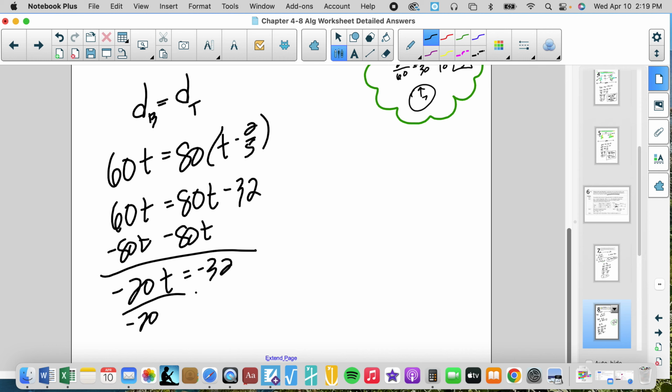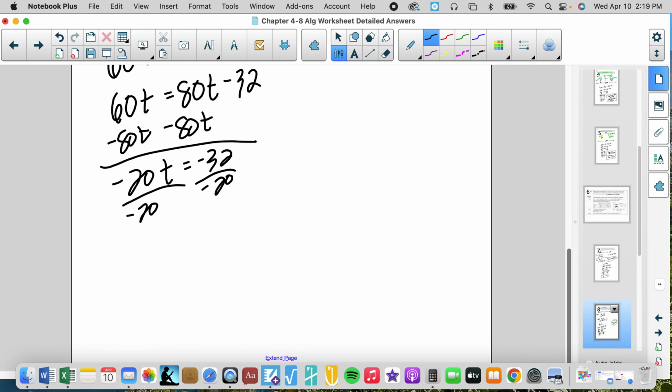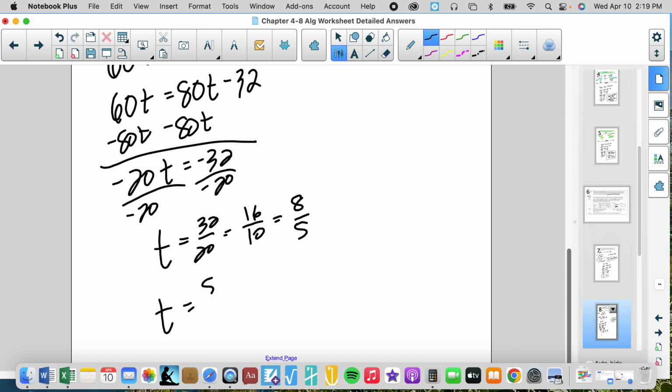Divide by -20, divide by -20, and we are going to get t equals 32 over 20, which reduces to 16 over 10, which reduces to 8/5. So t equals 8/5. Time is in hours. So we can either say 8/5 of an hour, or we can say 1 3/5 of an hour.